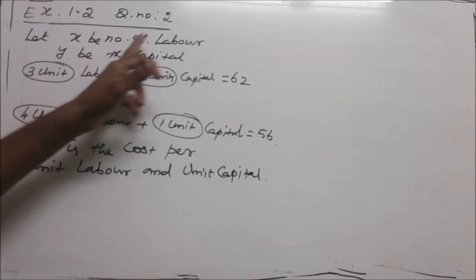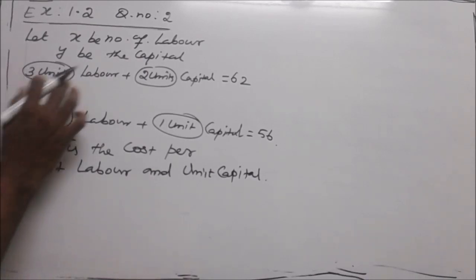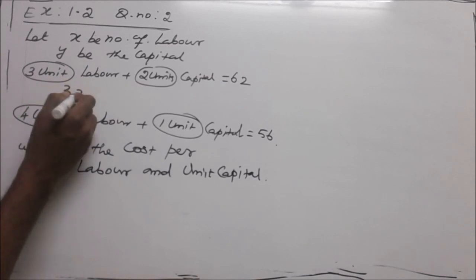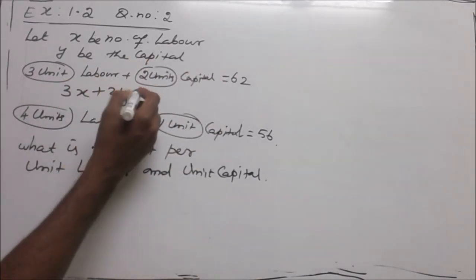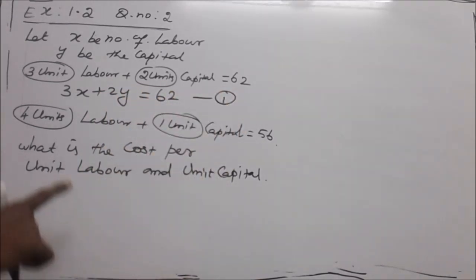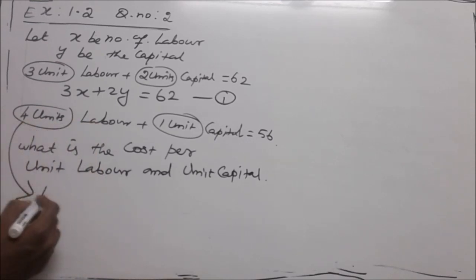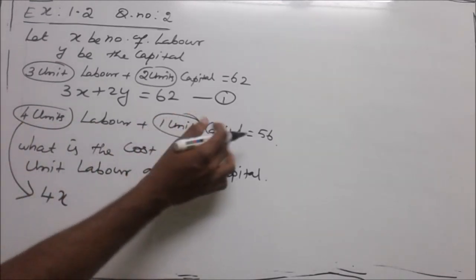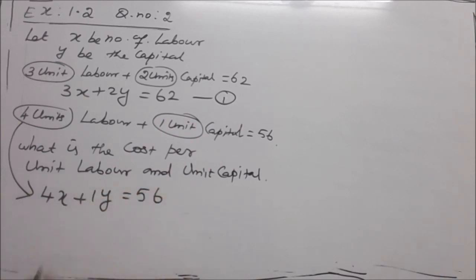Let x be the cost of labor and y the cost of capital, which means 3 units of labor is 3x and 2 units of capital is 2y, total equal to 62. Let it be equation number 1. Similarly, 4 units of labor is 4x and 1 unit of capital is 1y, which costs rupees 56.